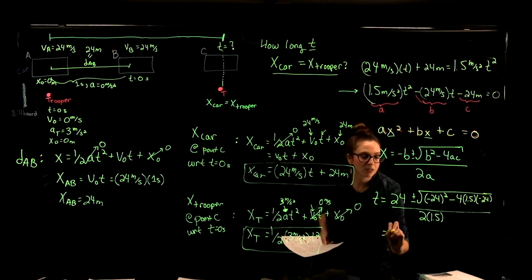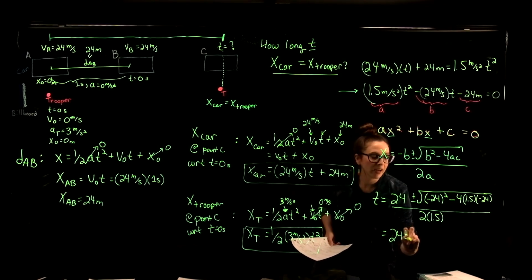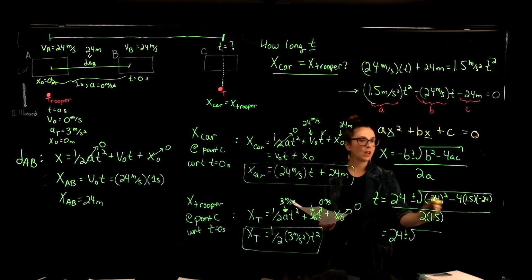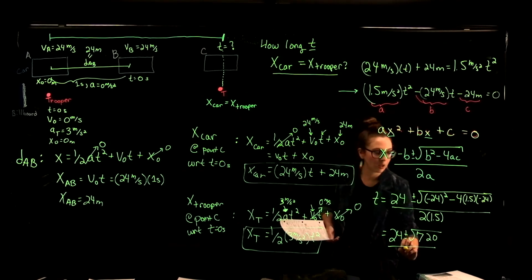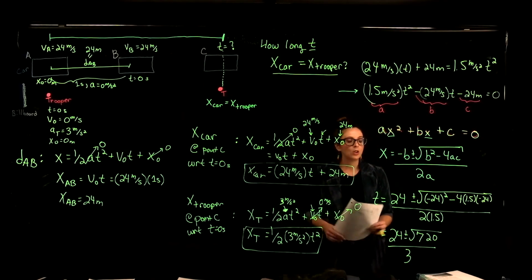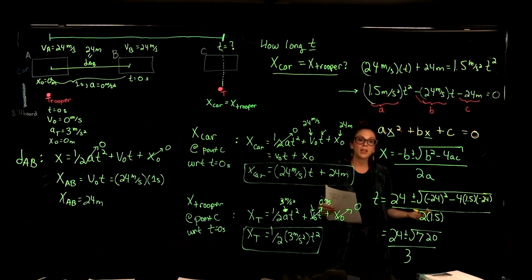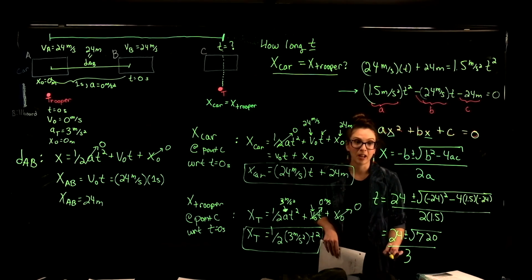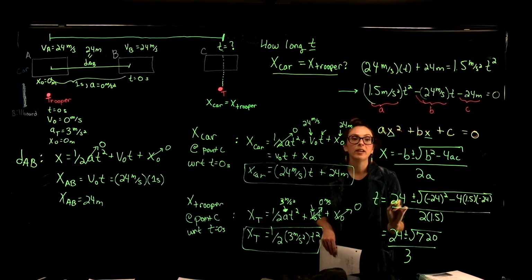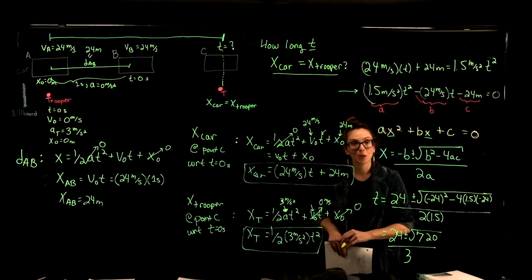This becomes 24 plus or minus the square root of. The stuff underneath this square root sign here is equal to 720. And then that's all over 2 times 1.5 is 3. So t can be 24 plus the square root of 720 over 3, or t could be 24 minus the square root of 720 over 3.